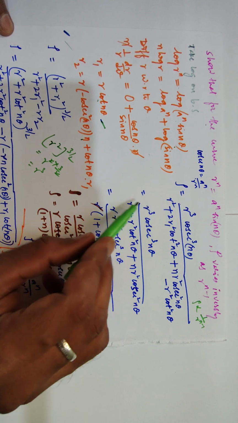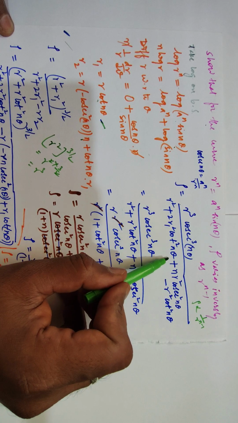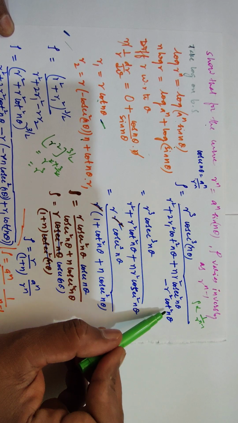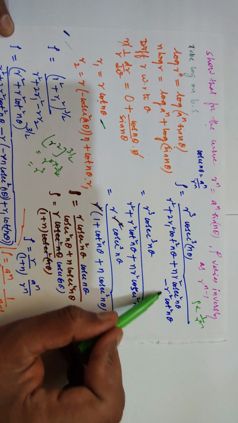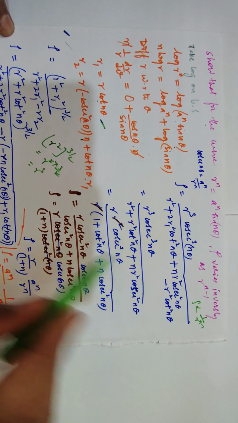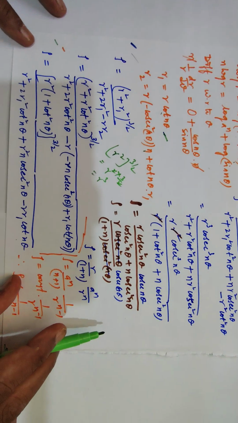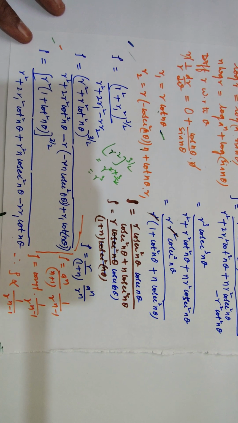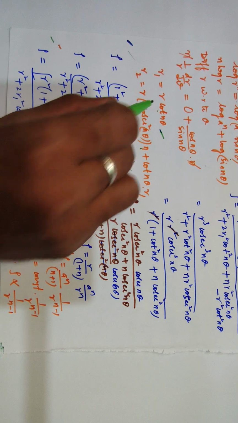In the denominator, r square plus 2r1 square cot square n theta minus r square cot square n theta becomes. So how will this term get, by using r1 cot n theta, you have to substitute r1 value here. What is r1 value? r cot n theta.